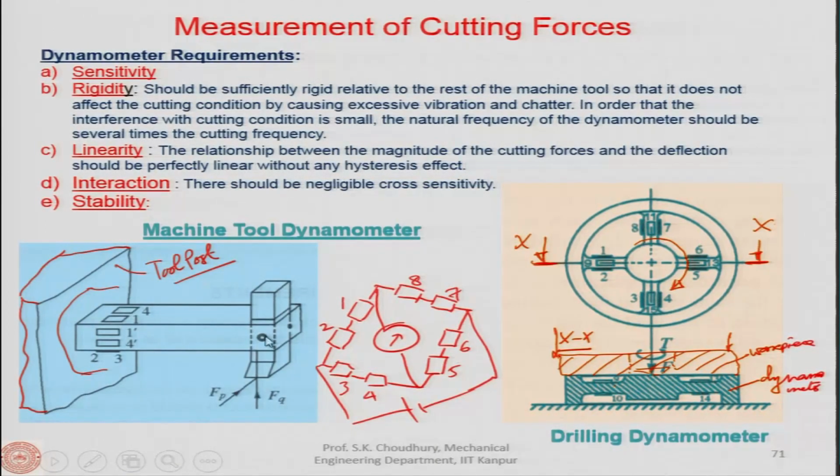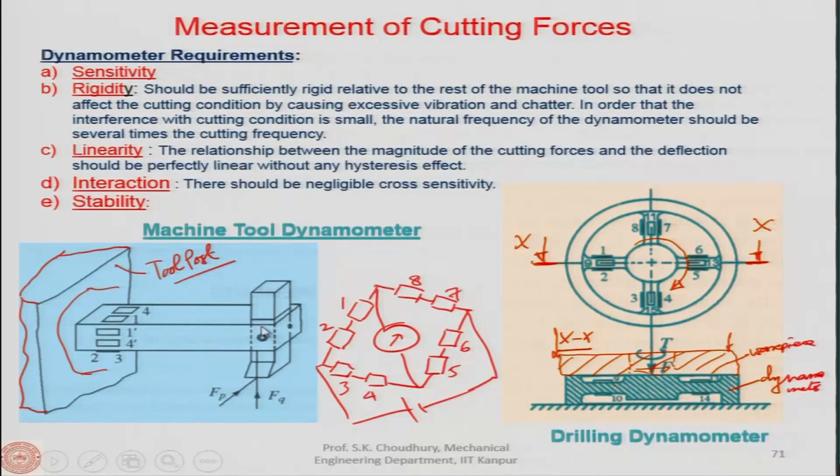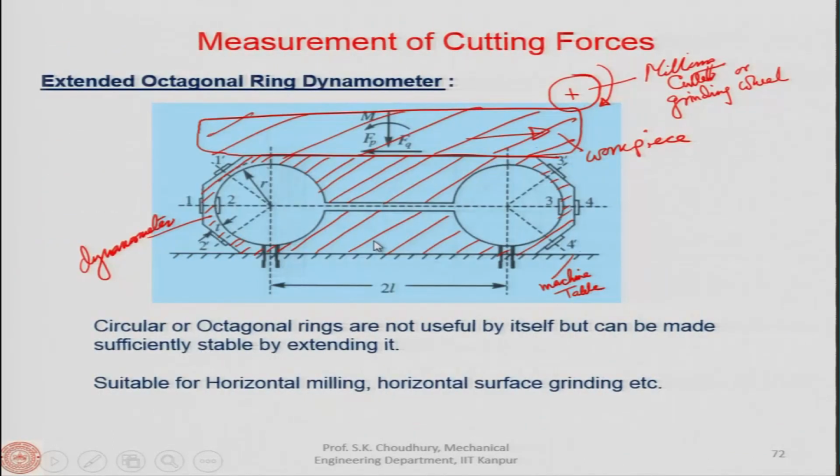This dynamometer cannot be used for drilling, and a drilling dynamometer cannot be used to measure forces in turning or here either. But these days there are universal dynamometers, also made by Kistler, where you can measure the forces in turning, drilling and milling. Those are more expensive, of course.